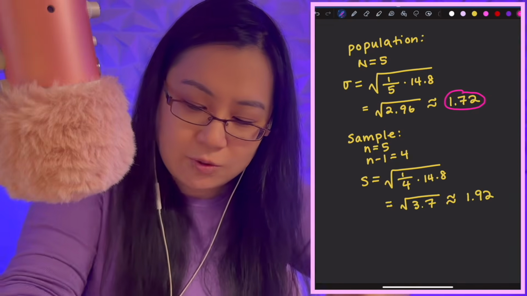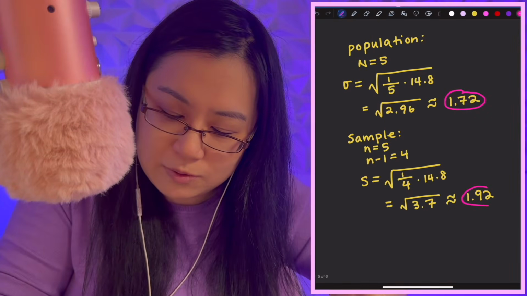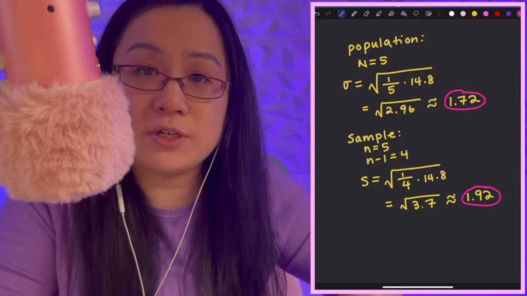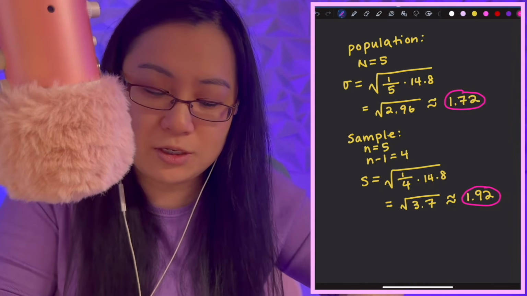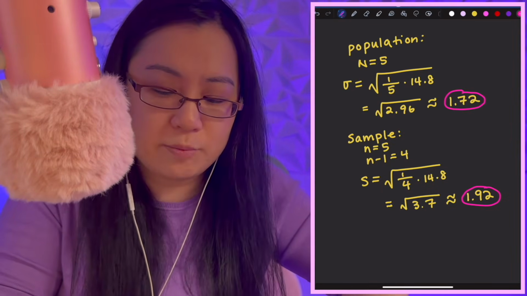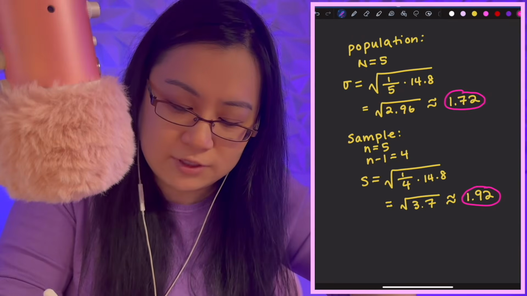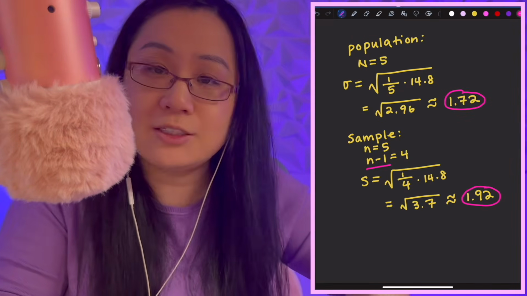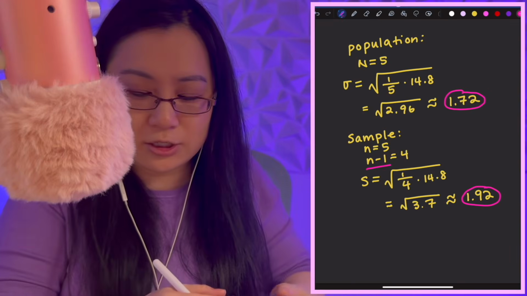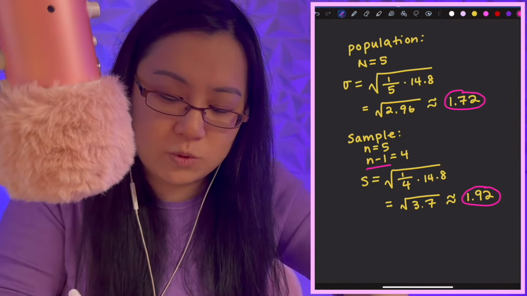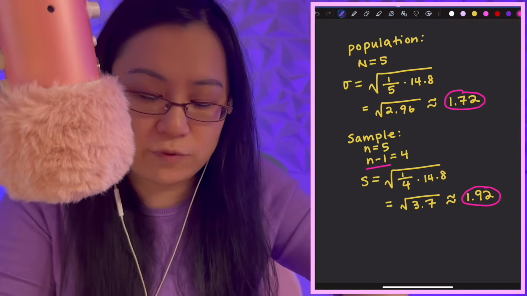Okay, so as expected, our sample standard deviation is a little bit bigger than our population one, because we have this adjusted number, this Bessel's correction, because we only have a sample, a subset of the full population.